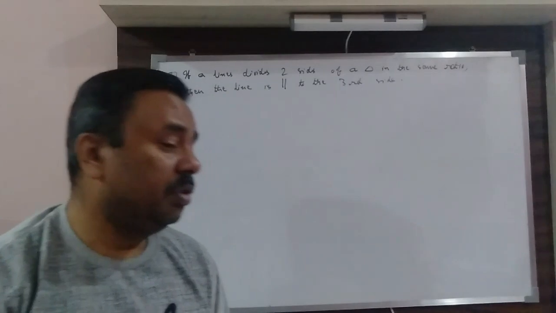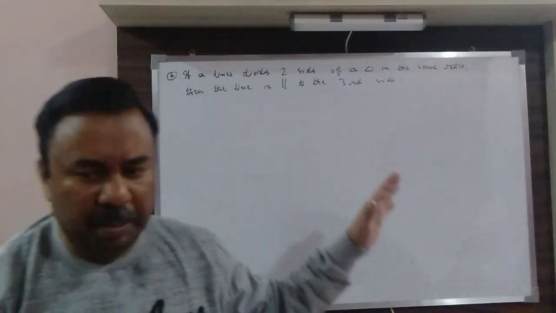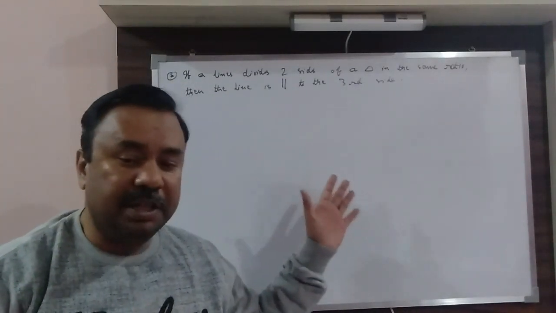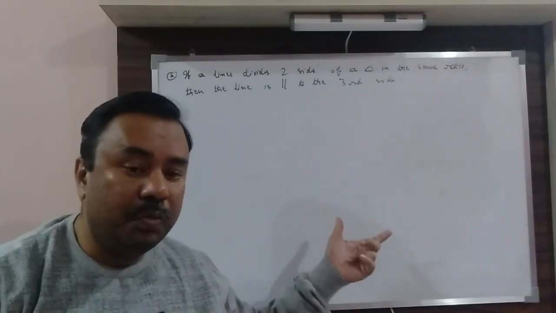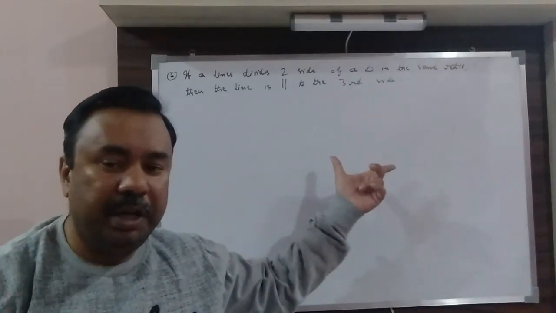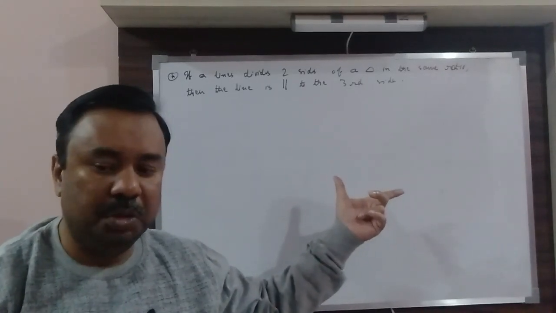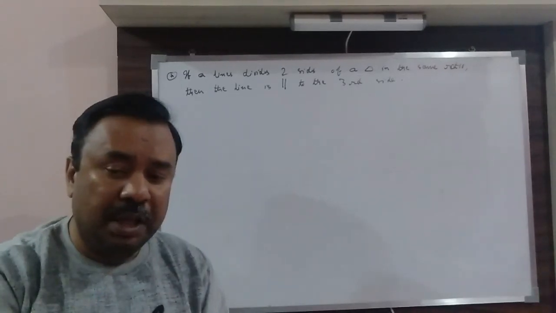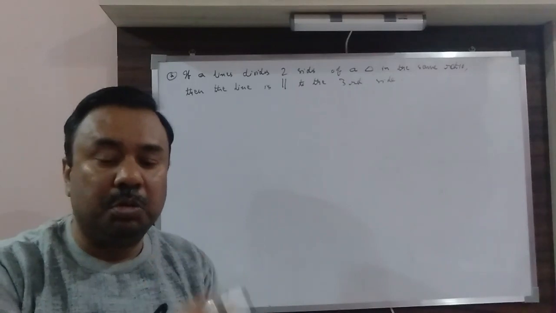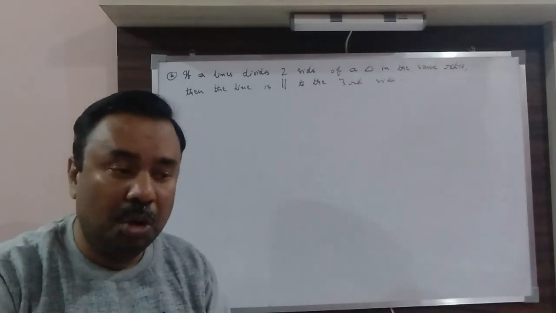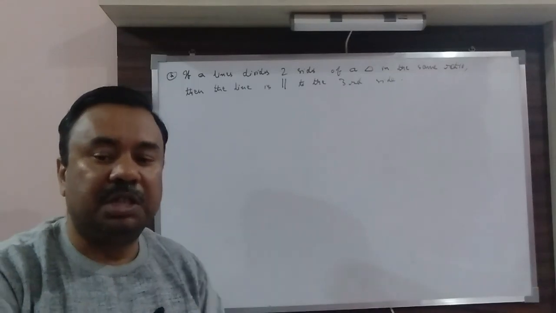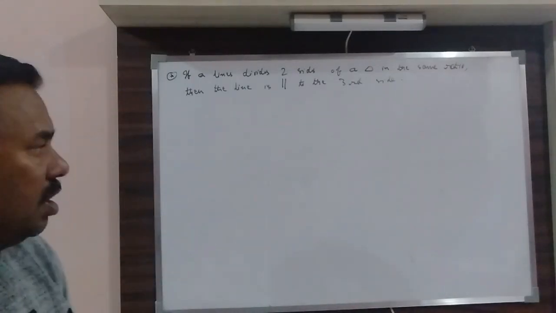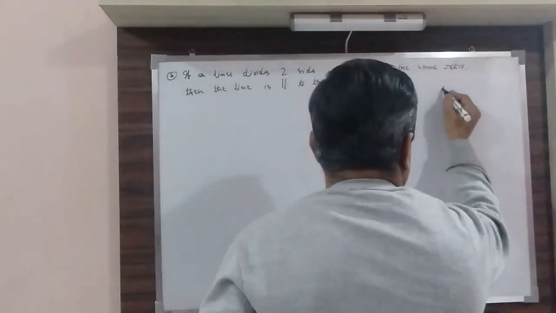The converse of the theorem says: the main theorem had said that if a line is parallel to one side, it will divide the other two sides in the same ratio. What the converse says is, if it is dividing the two sides in the same ratio, then it will be parallel to the third side. What does it mean? I will make another triangle for this.